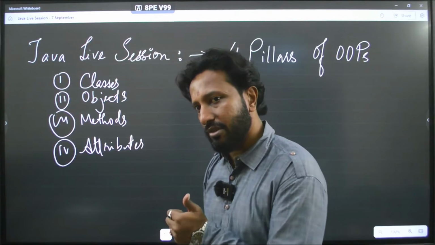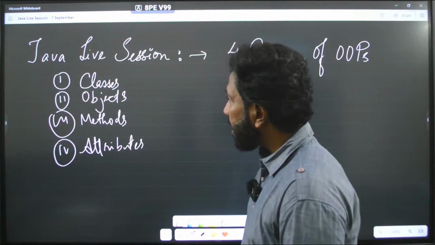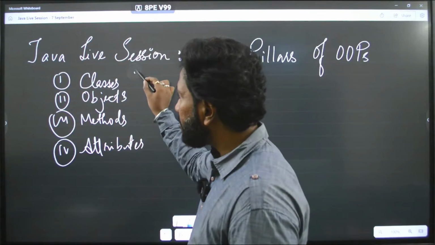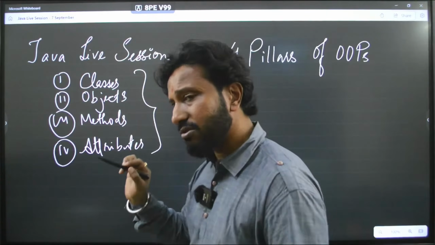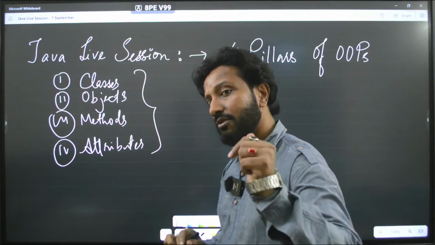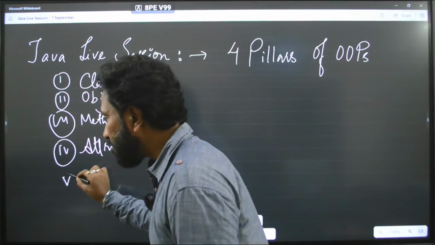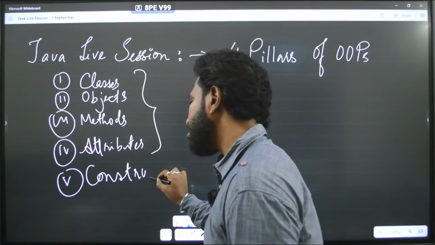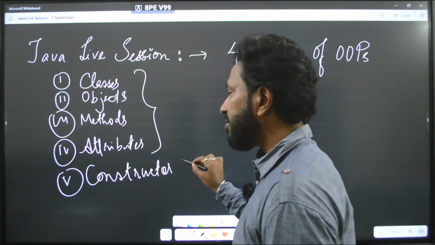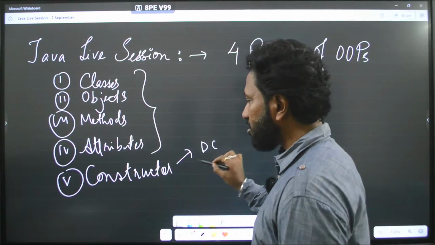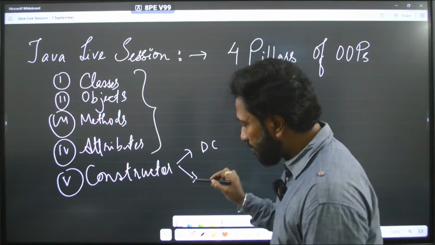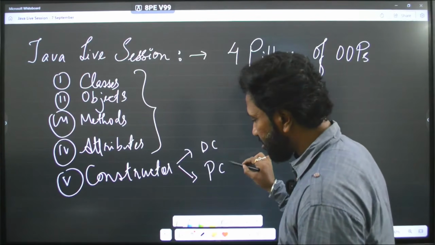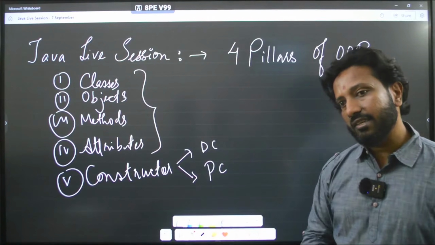We have learnt about all these things and we have seen how to create a basic file and also we have seen about one more important thing. Do you remember what was that? Number 5, it was the constructor and we talked about the default constructor also, we talked about the parameterized constructor also, correct? I am writing in shortcut and hope you remember.